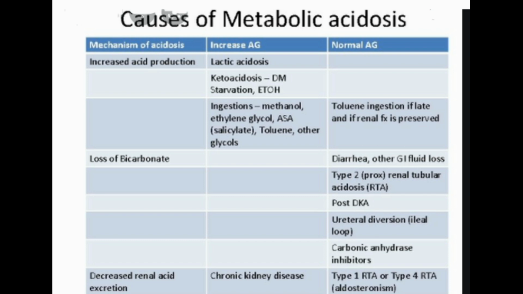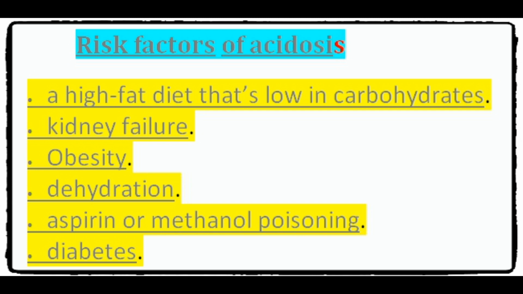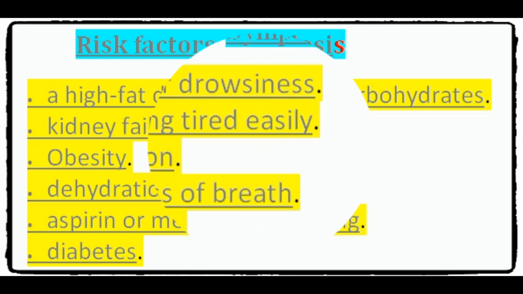This causes the blood to become acidic. Risk factors. Factors that can contribute to your risk of acidosis include a high-fat diet that's low in carbohydrates, kidney failure, obesity, dehydration, aspirin or methanol poisoning, diabetes.